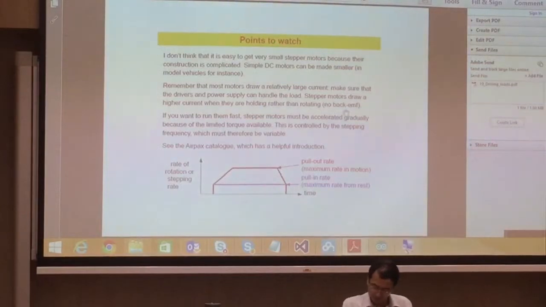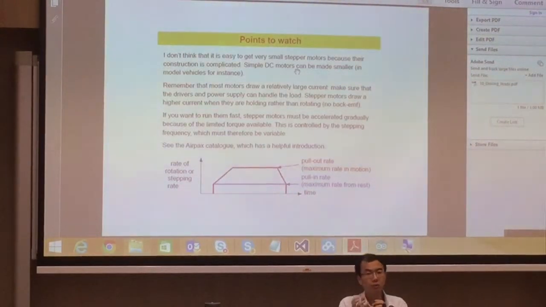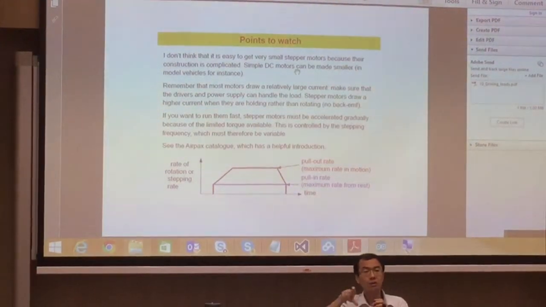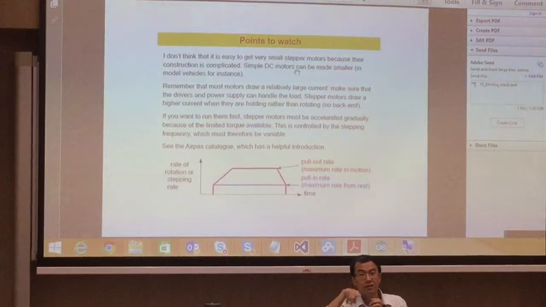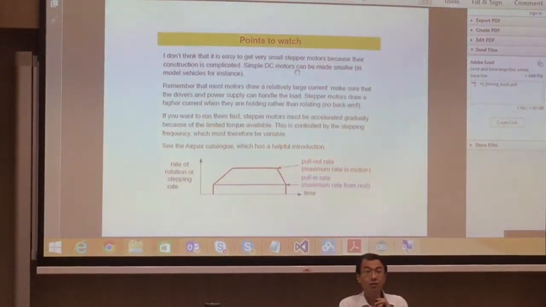Then the other thing I want to mention is that usually you cannot get a very small stepper motor. Why is that? Because if you look inside the stepper motor, you need to have small coils, and because of that you cannot make your stepper motor very small.